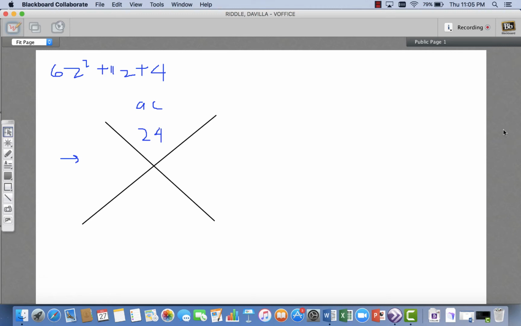And on the bottom, it's always your B value. So in this case, it's 11. So then similarly, you would think of two numbers. When you add them together, it would equal 11. And then if you multiply them, it should equal 24. So any guesses?